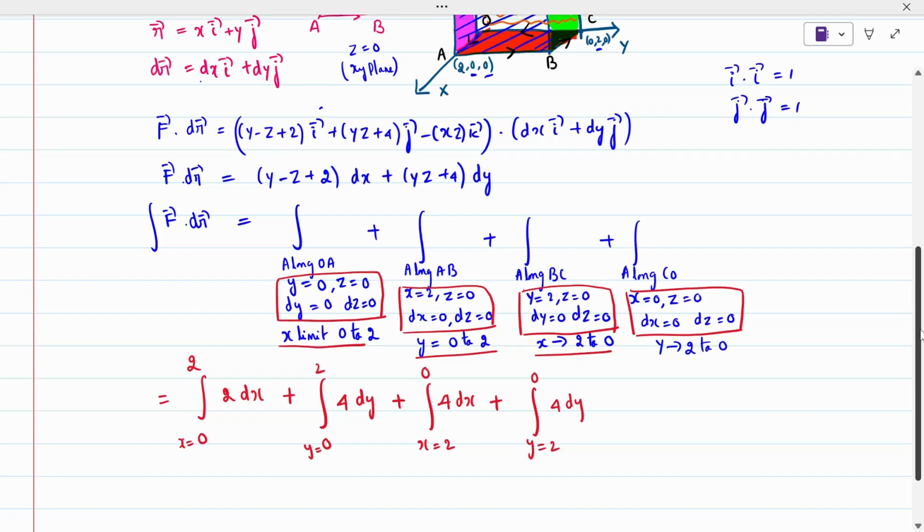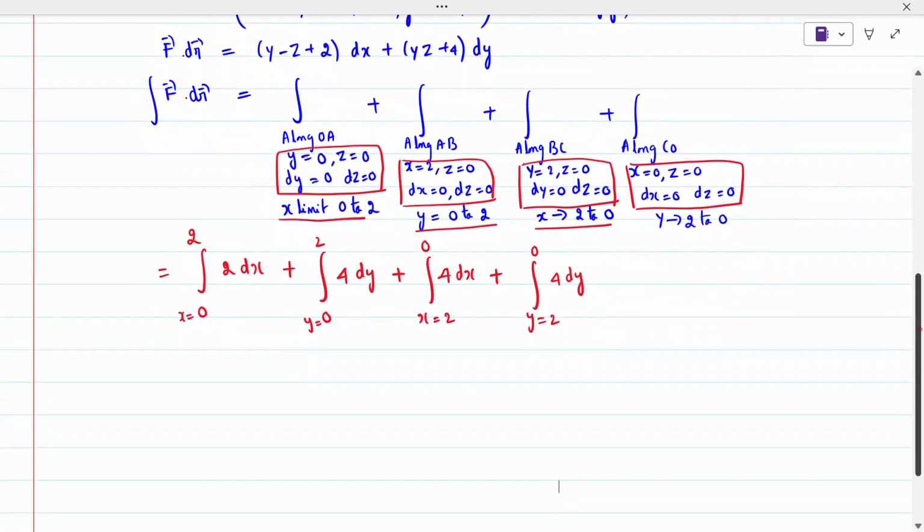Now we have to integrate it. 2 into x from 0 to 2, plus 4 into y from 0 to 2, plus 4 into x from 2 to 0, plus 4 into y from 2 to 0.